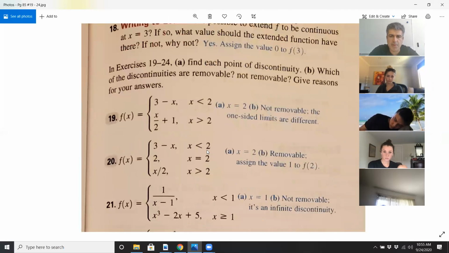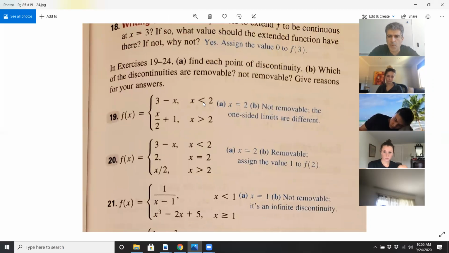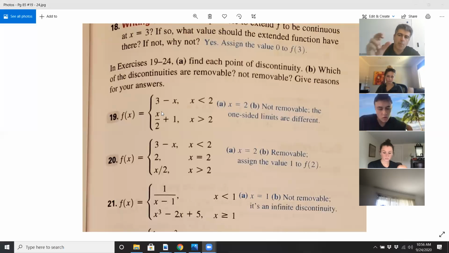Find each point of discontinuity. So usually what you do is, wherever you see the boundary for the piecewise, just plug in 2. And you'll see that they equal different y values. So obviously it's x equals 2, but it's not removable. Removable is when a point's floating off.